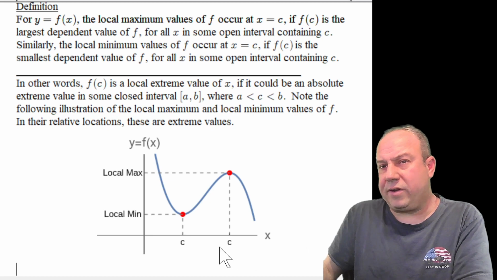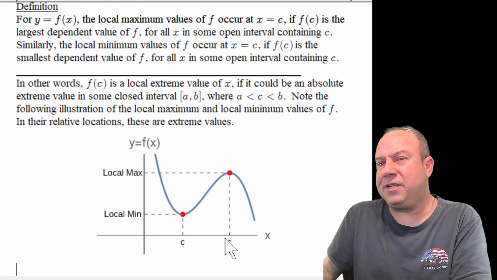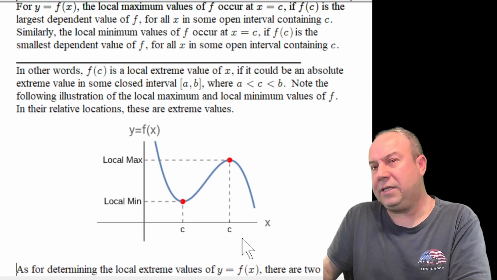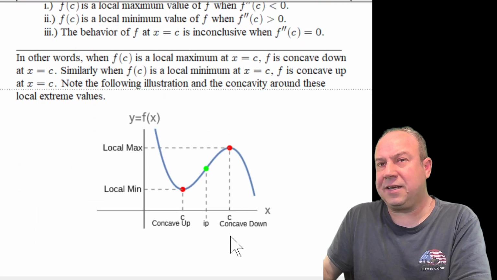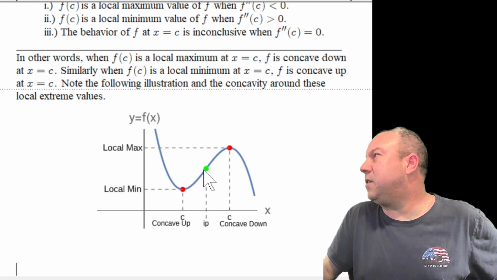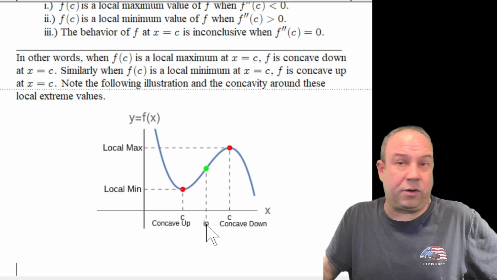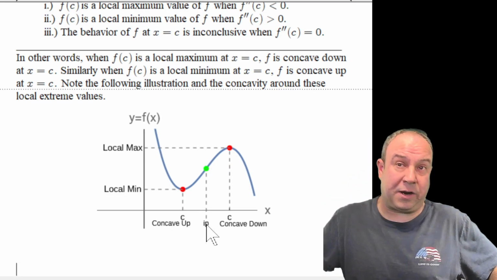In the first derivative test, we analyzed increasing and decreasing around these critical points. What the second derivative test is now going to do is analyze concavity, which means in the graph you will find your inflection point illustrated.